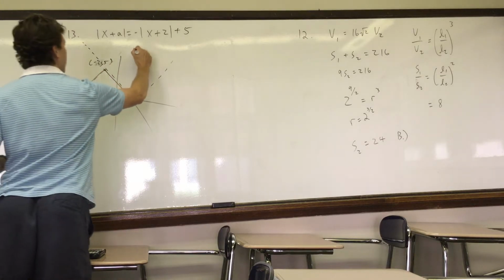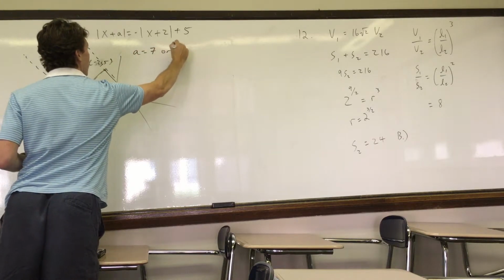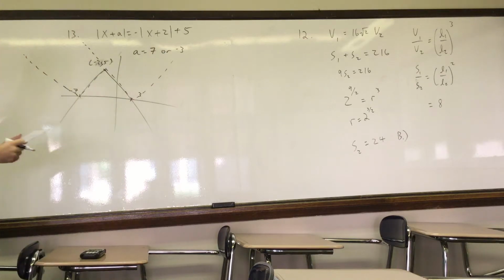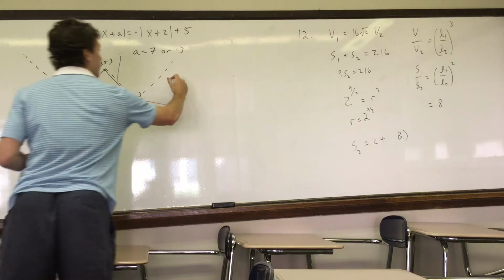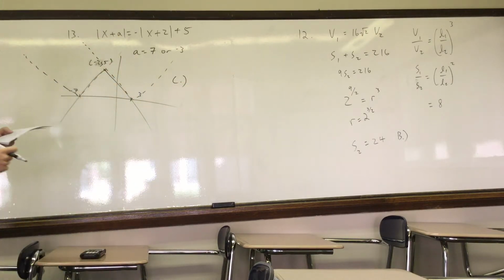So A could equal 7 or -3. There should be 2 answers, and indeed, -3 or 7. C is the answer.